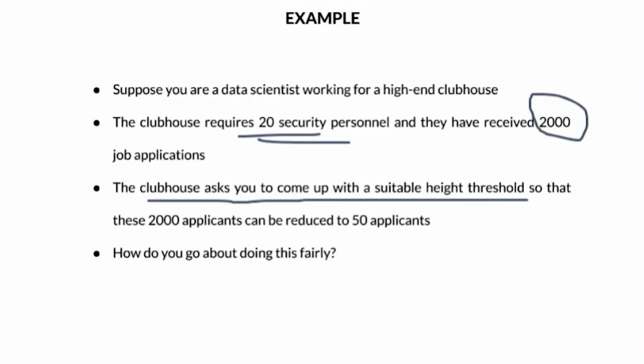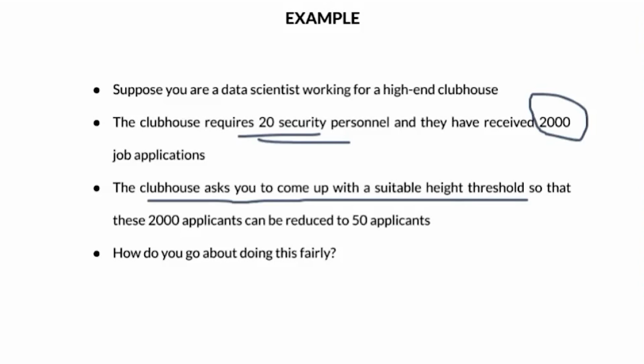Now, for some reason, the clubhouse is thinking that height is a good variable with which to threshold the job applications. Of course, this can be different in your domain. If your domain is different, then you might be using other metrics, salary, experience, whatever.